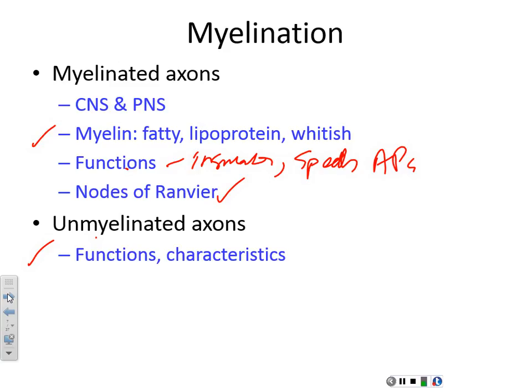Why? Because they still need to be insulated. Even if they're transmitting slowly, they still gotta be insulated, okay? Because otherwise they will cross-excite each other and you get problems. Any electrical wire you see is always covered by rubber. It has to be. Otherwise, it's going to be live and it will hurt you.